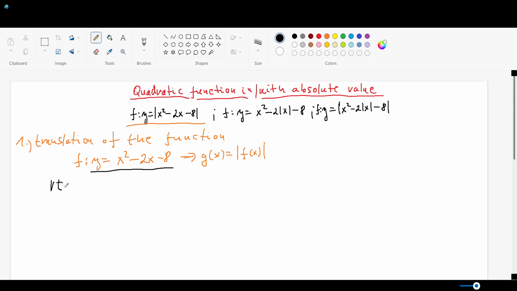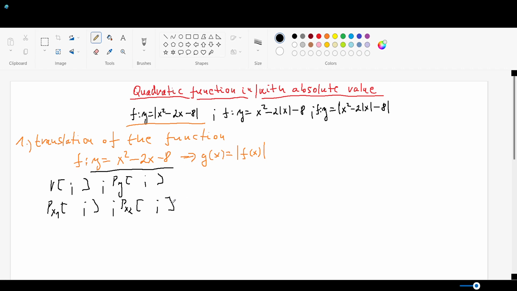The first point is the vertex, which is the very important point of the graph of the quadratic function, where the parabola changes its behavior from increasing to decreasing or vice versa. The next point is the intercept with the y-axis, and then there are two more points which are the intercepts with the x-axis. So there is x1 and there is also x2 for this function.